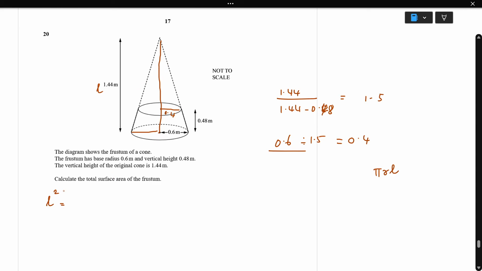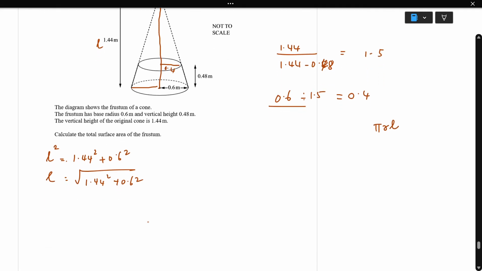So L equals the square root of 1.44 squared plus 0.6 squared, which gives L equal to 1.56.